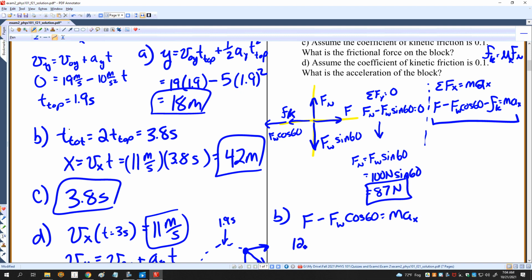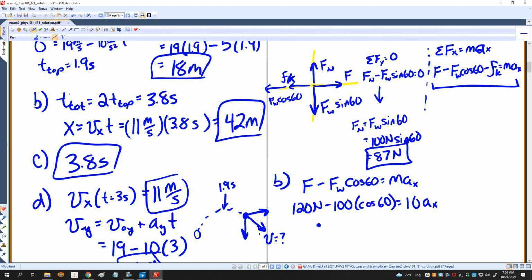That's 120 newtons minus 100 cosine of 60, which is a half, equals 10 kilograms times ax. So now I can solve this. I get 120 minus 50 divided by 10 equals ax, and that's equal to 7 meters per second squared.